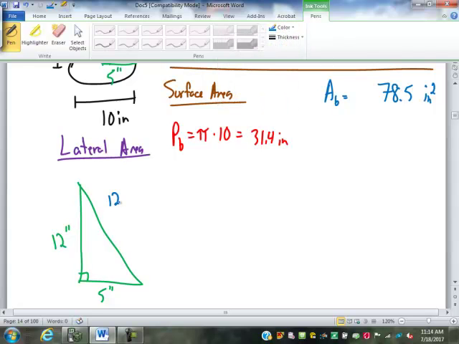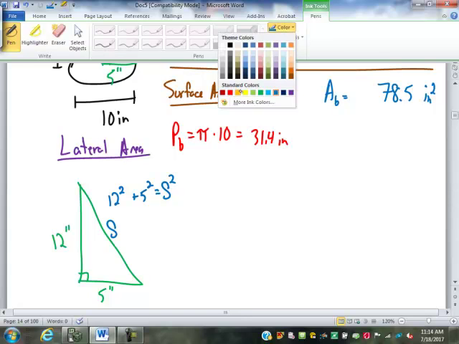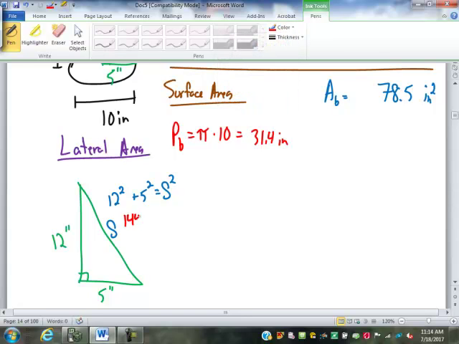So this is found by doing 12 squared plus 5 squared equals that slant squared. 144 plus 25 is 169, and you square root that and it is 13 inches is the slant.